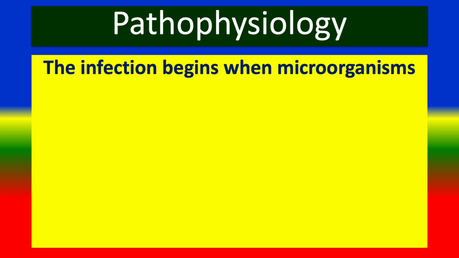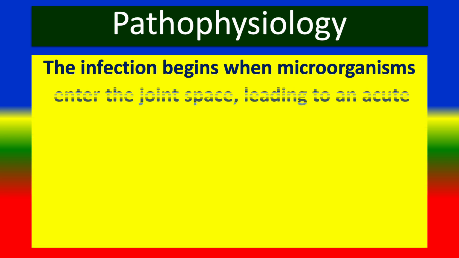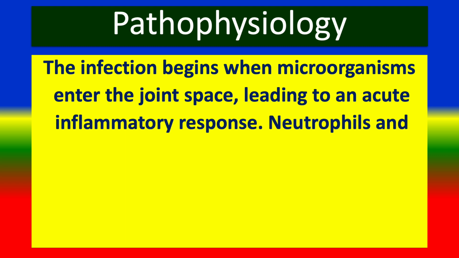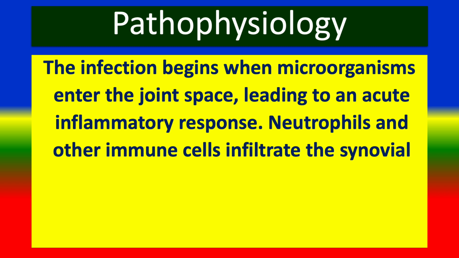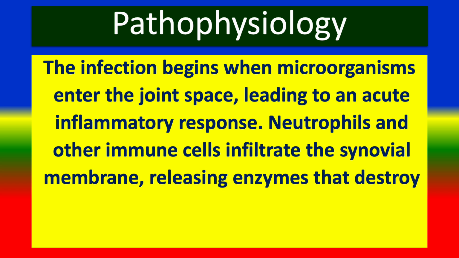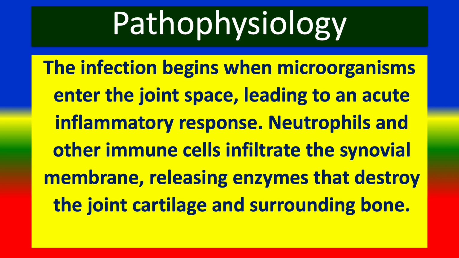Pathophysiology. The infection begins when microorganisms enter the joint space, leading to an acute inflammatory response. Neutrophils and other immune cells infiltrate the synovial membrane, releasing enzymes that destroy the joint cartilage and surrounding bone.